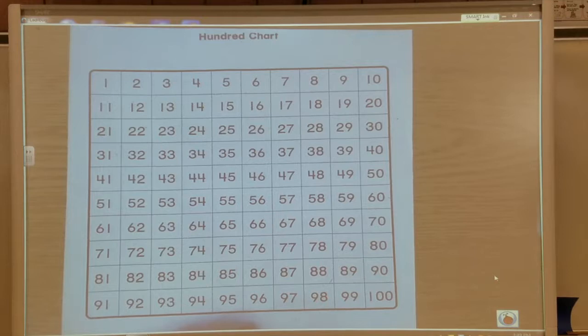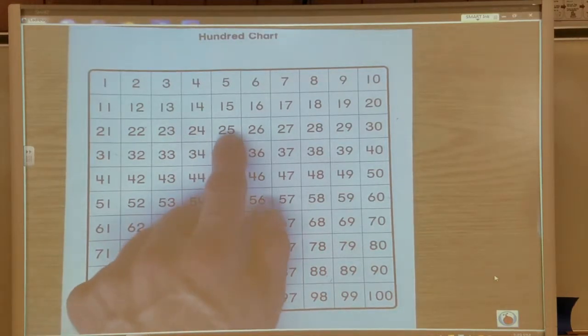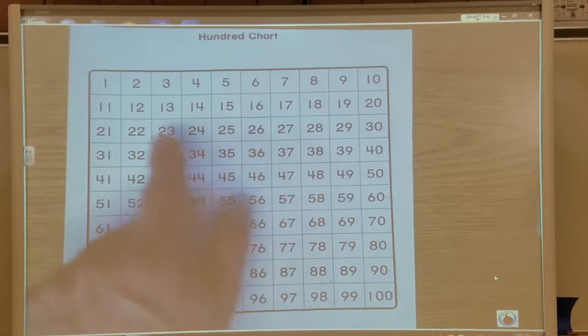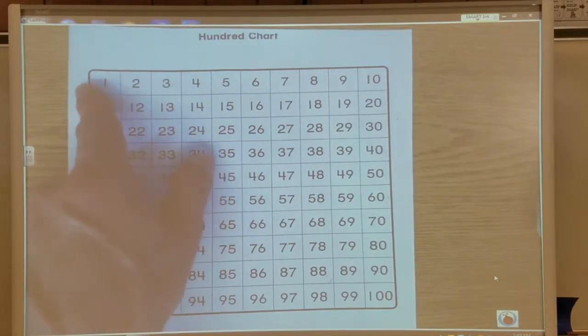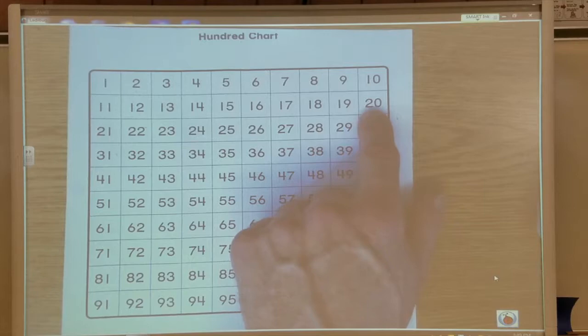Another thing that we do with the hundreds chart, the standard, as you move through kindergarten, is to be able to start from any number and count on from there. It wouldn't be an expectation at the beginning of the year. The most important numbers in kindergarten are the first 20 in terms of really being able to count on from that number.